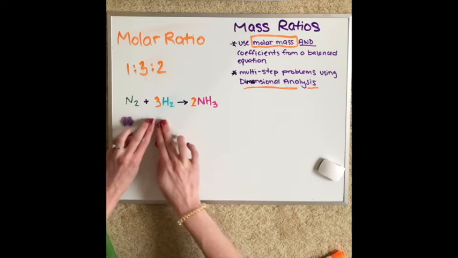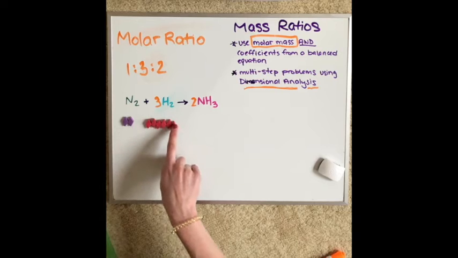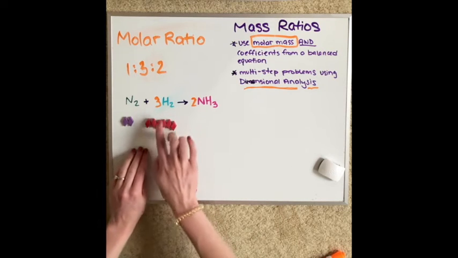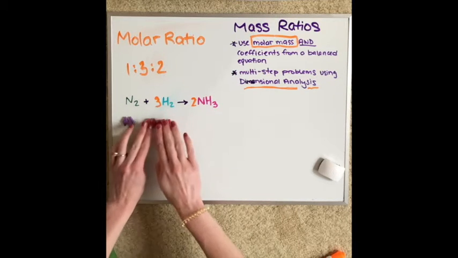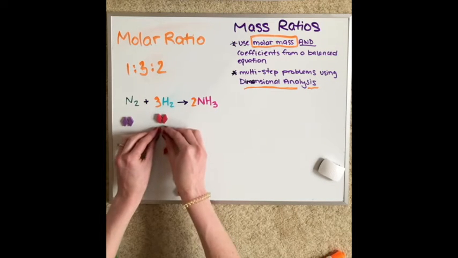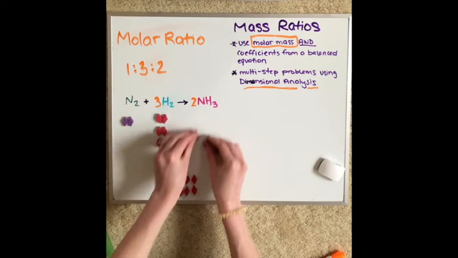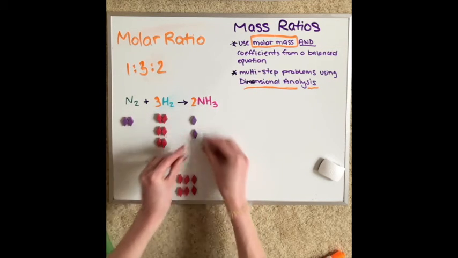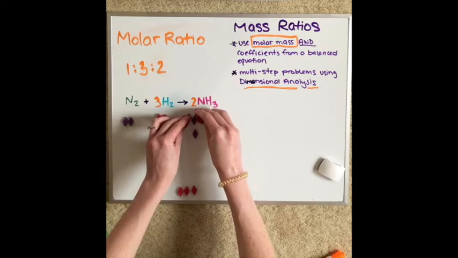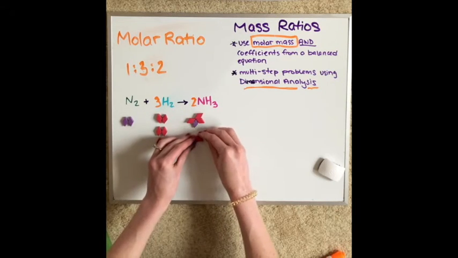It would be incorrect to do it like this. That's actually H6, 6 atoms bonded together. This is telling us 3 individual molecules, each molecule consisting of 2 hydrogen atoms bonded together. And so you've got 2 NH3 as a product.